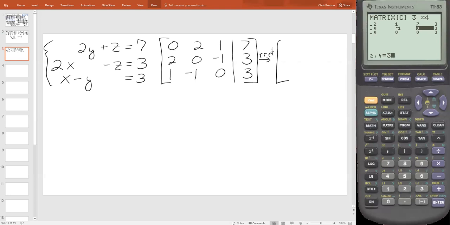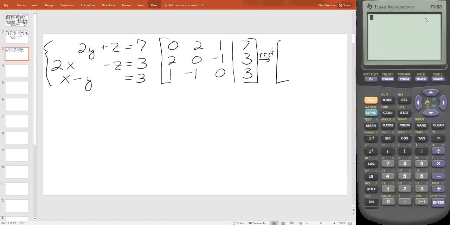But if you find you type something in wrong, go back and correct it with your arrow keys to kind of move around the matrix to go back and correct any mistake you made. Once you get all those numbers in there, then we're going to hit second and quit. Second and quit. That's going to take us back to the normal screen.